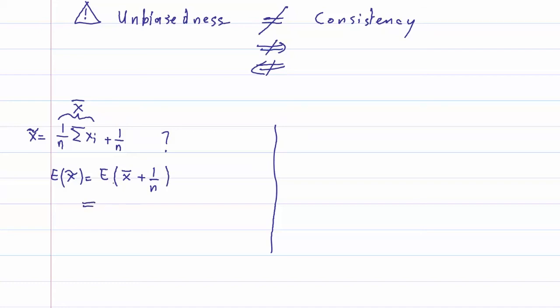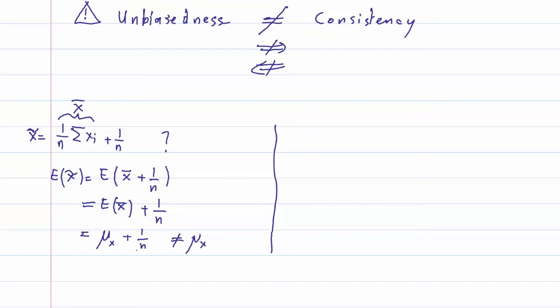Here we can split the expectation, so we have the expectation of x bar plus the expectation of 1 over n, which is 1 over n. So we have mu x, the expectation of x, plus 1 over n, which is different from mu x.